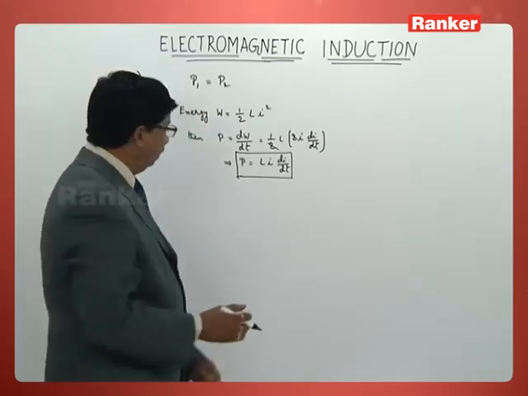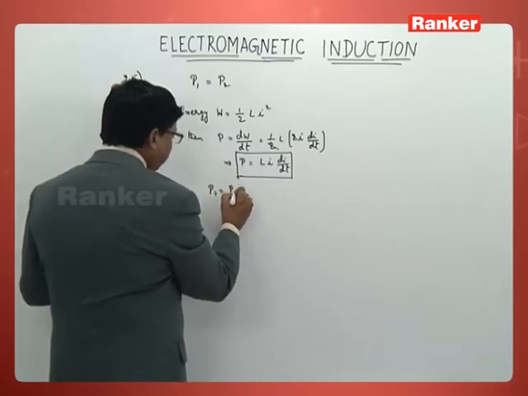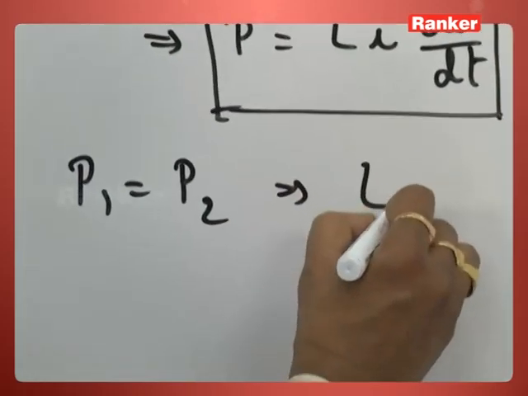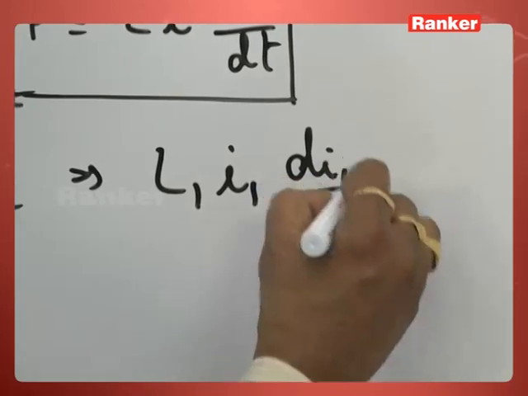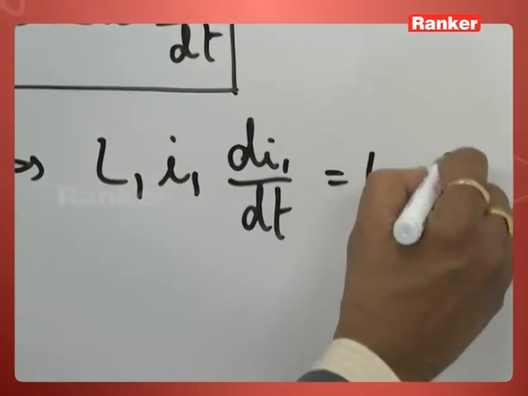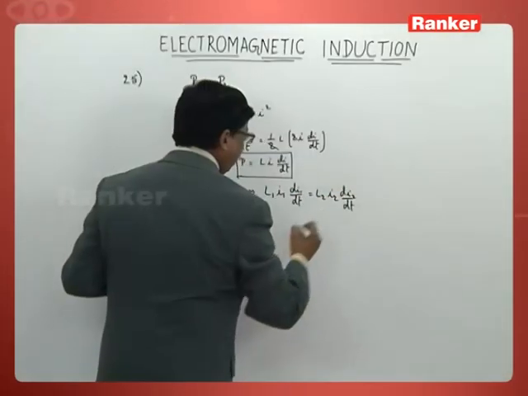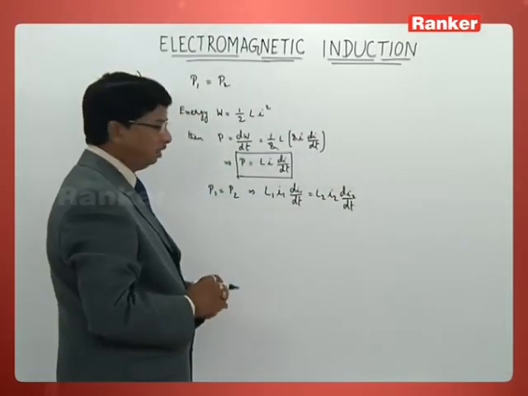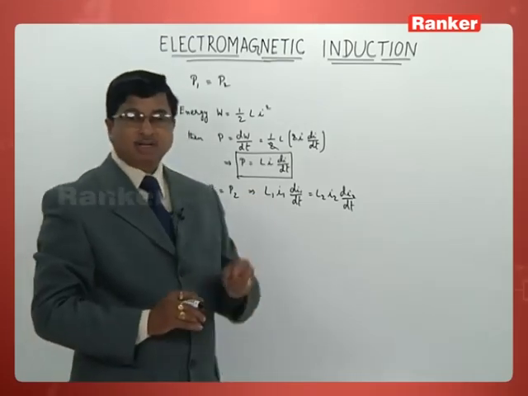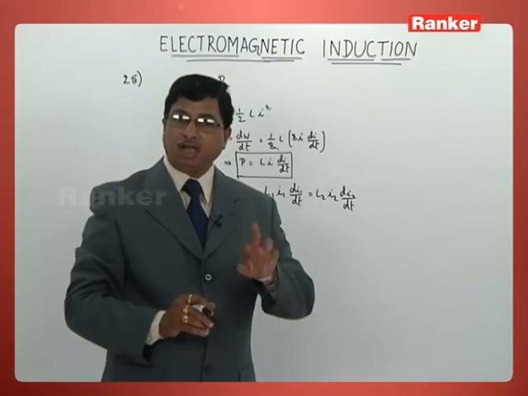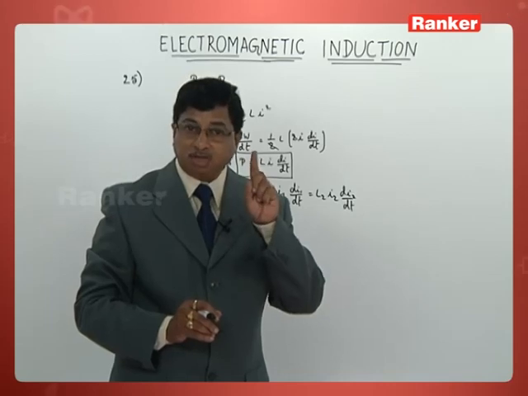Now according to the problem given, power of the first coil and power of the second are equal. Then we can directly write this way, power 1 and power 2 are equal means L1 I1 di by dt, that is for the first one, L2 I2 di by dt for the second one, they are supposed to be equal. But very clearly he is mentioning in the problem, the current in the second coil as well as the first coil, they are increased at the same rate.